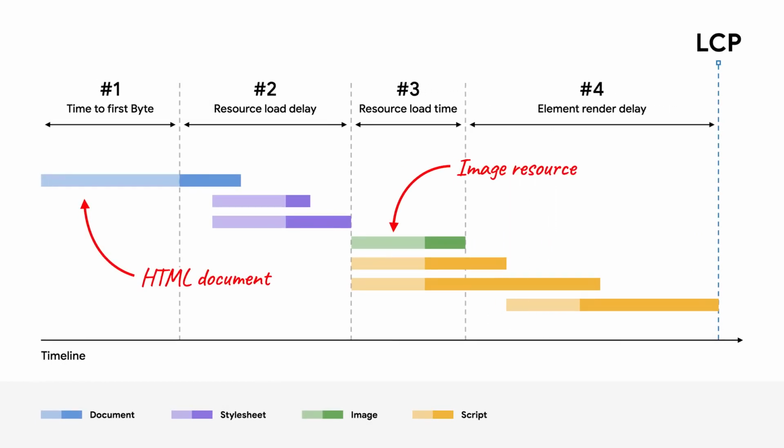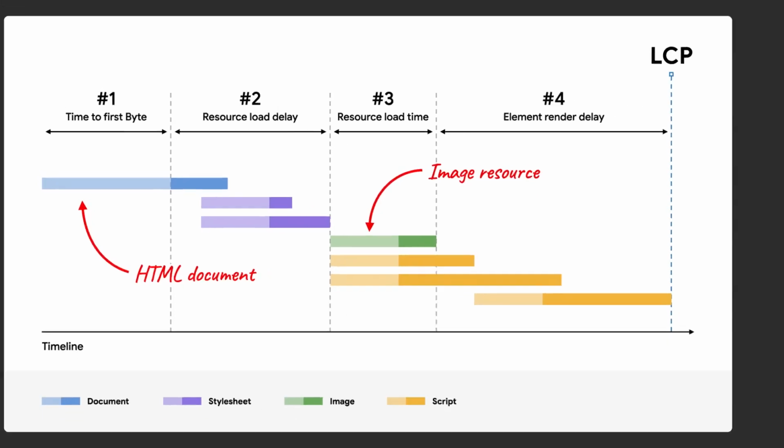In this case, when we reduced the network load time, the element render delay got extended by the exact same amount of time. The time just shifts from one part to a different part, and so LCP doesn't change. That's because in this example, the page needs to wait for the JavaScript, those yellow bars at the bottom, to finish loading, since here the JavaScript is responsible for adding the LCP element to the page.